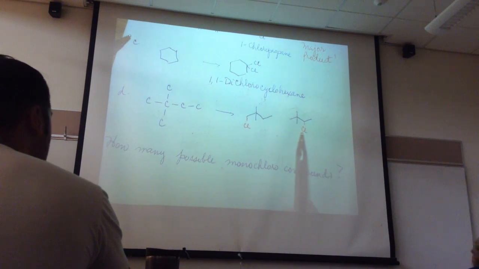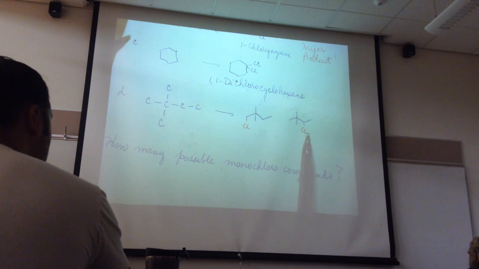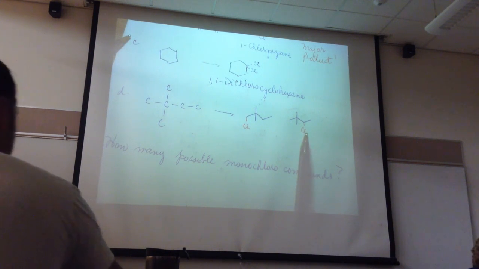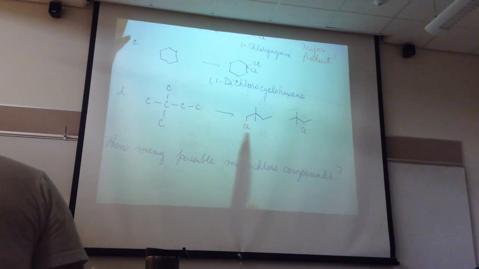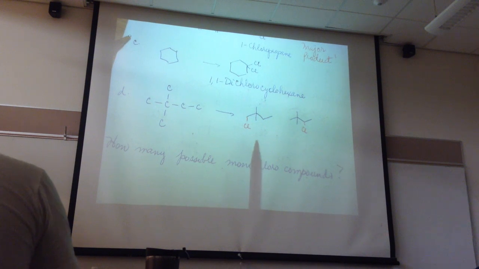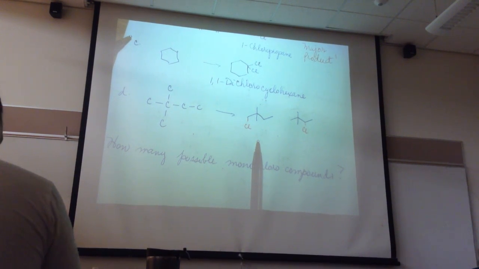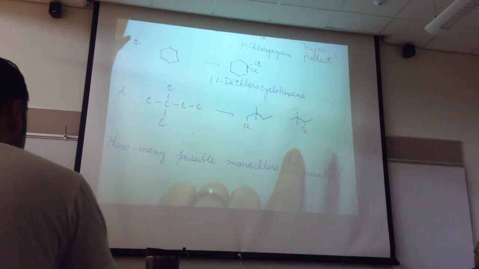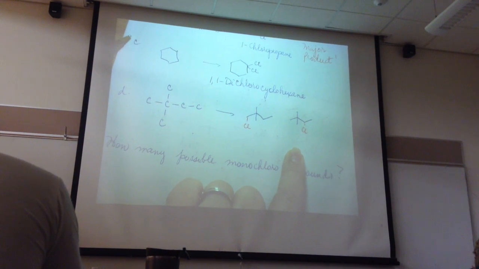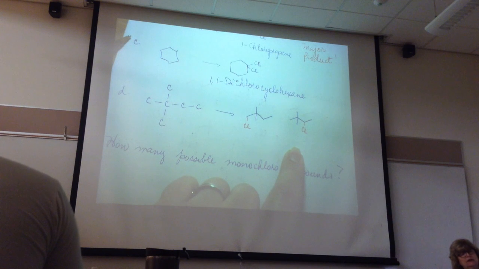If you're naming this guy, it's going to be 3-chloro-2,2-dimethylbutane. If we name this guy, numbers are first. So 223 is lower than 233.